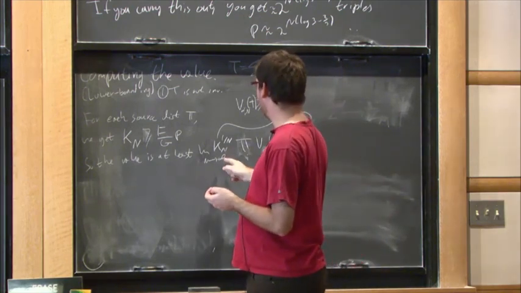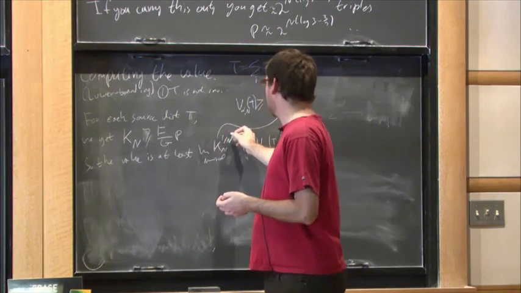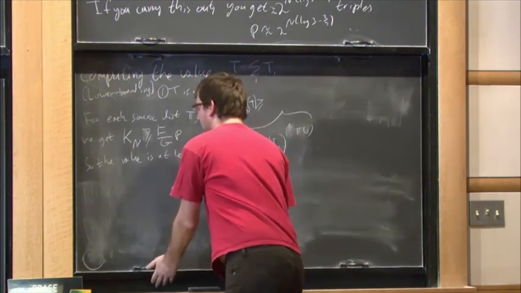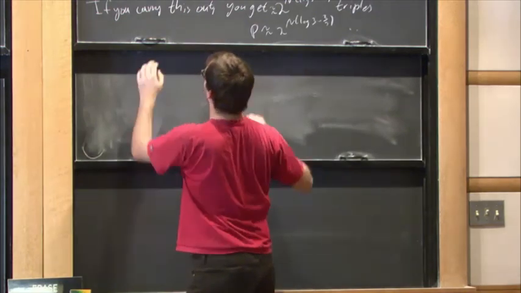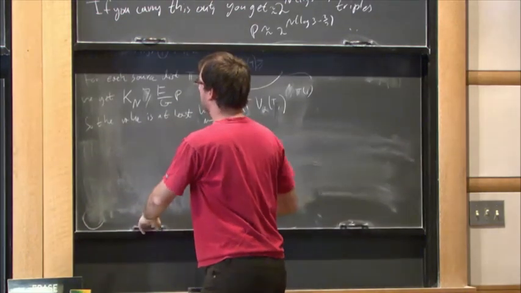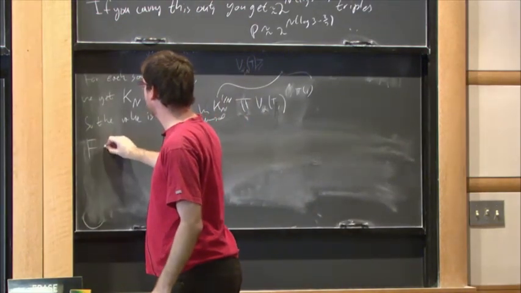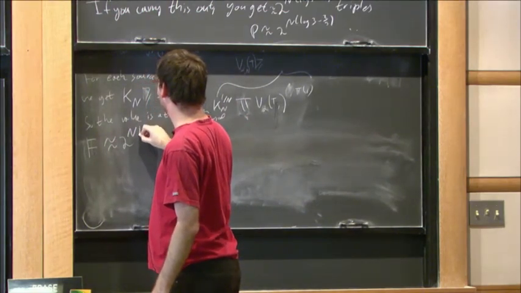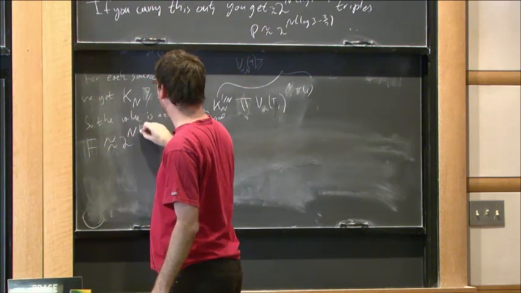So now we're going to calculate this quantity, kn to the power of 1 over n. Okay, so what is f? F is roughly 2 to the n times h of phi.